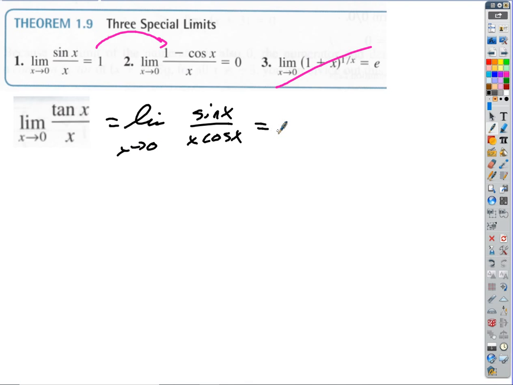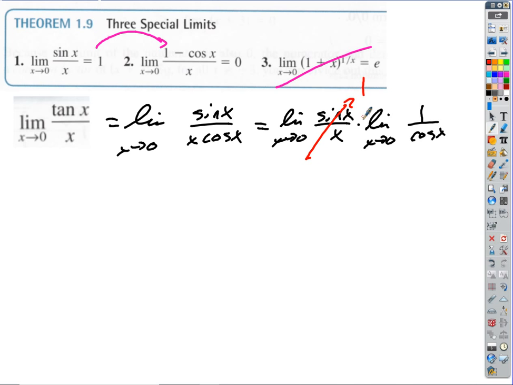Well, let's just split that into separate limits. Let's just write that as the limit of sine x over x as x approaches 0 times the limit of 1 over cosine x as x approaches 0. What does that limit approach? 1.